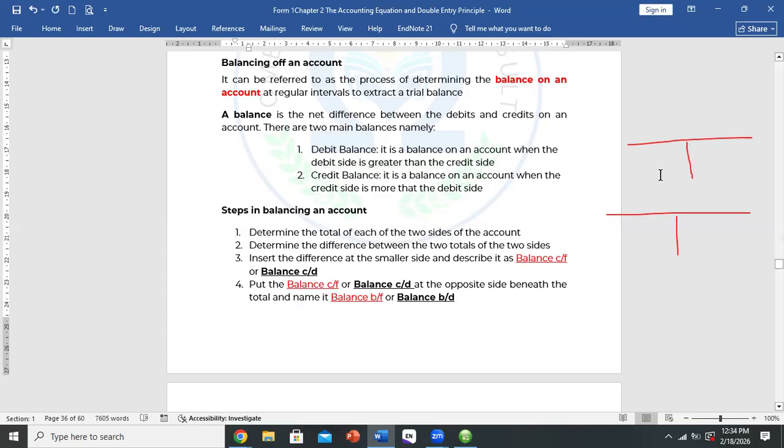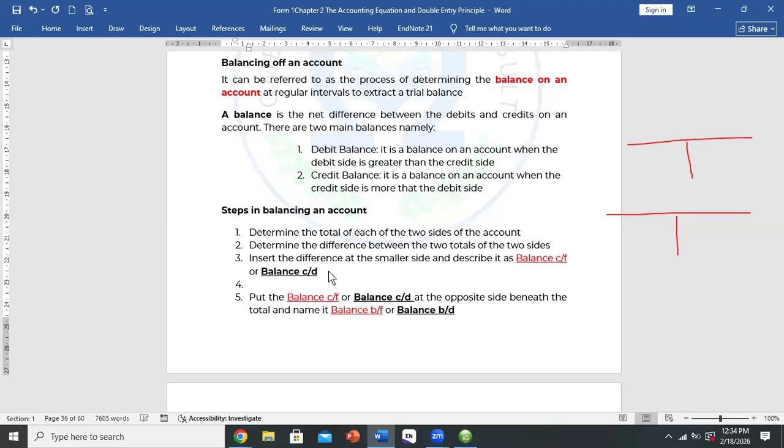You come to the debit side, punch your calculator, add the figures there, get a total, go to the credit side, and do the same. That's the first step. The second step is to determine the difference between the two sides. You have gotten the figures, so find the difference, that is, subtract to see the difference.